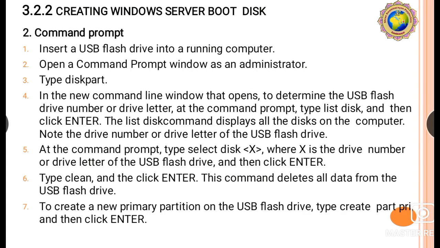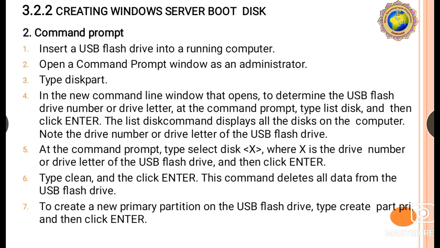Next, the command prompt. We can also use the command prompt for creating a Windows Server bootable disk. Open the command prompt from the search tab, then insert a USB flash drive into a running computer system.